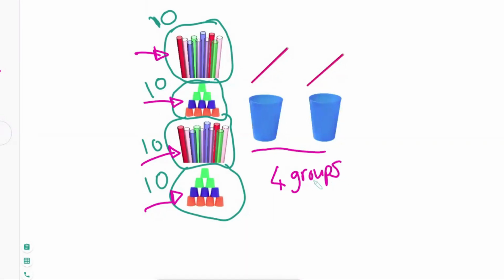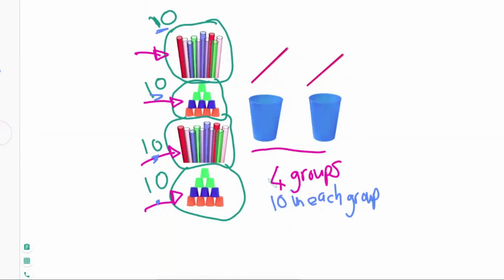How many items are in each group? We wrote it down here. Can you shout it out? We've got 10 items in each group. Brilliant.